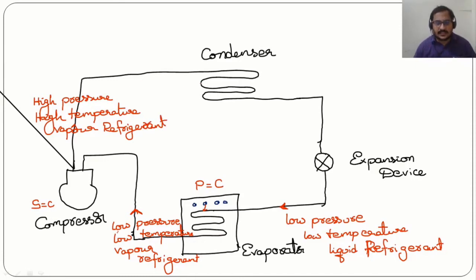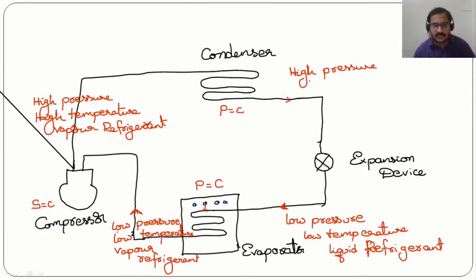So in the condenser, this high pressure, high temperature vapor refrigerant rejects heat to the atmosphere at constant pressure. So in the condenser also the pressure remains constant and heat will be rejected to the surrounding atmosphere. As a result of that, at the same pressure, phase change takes place from vapor state to the liquid state.